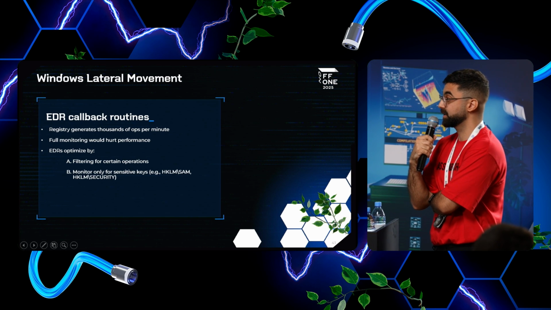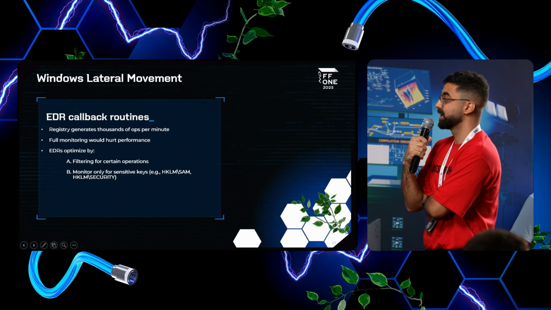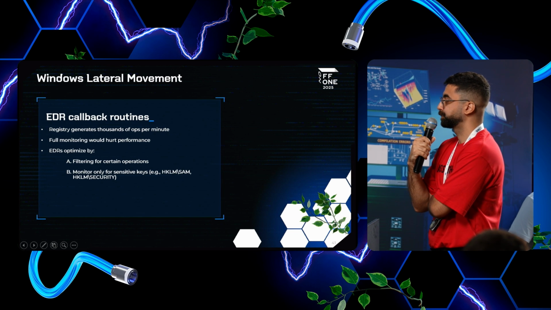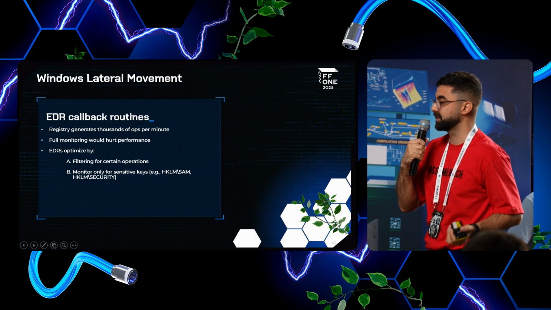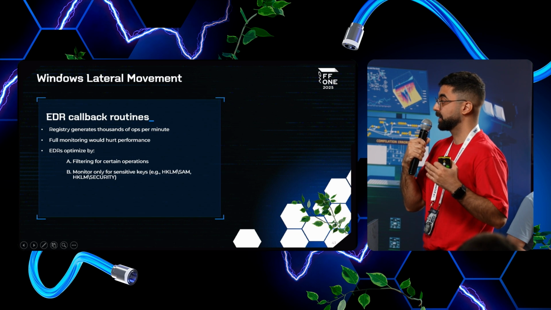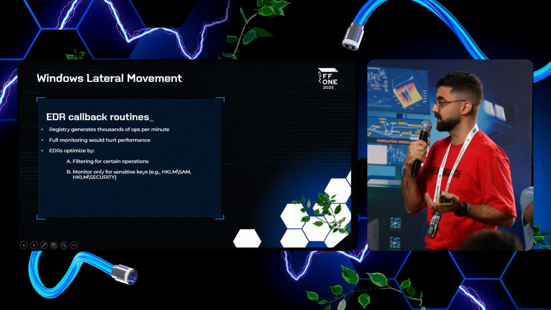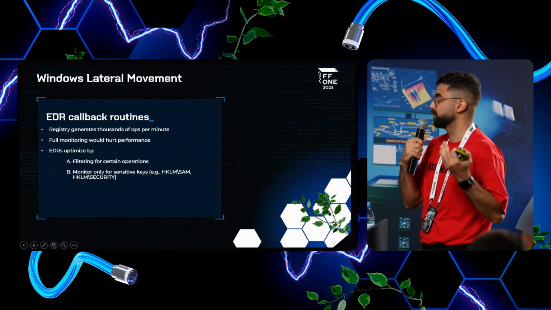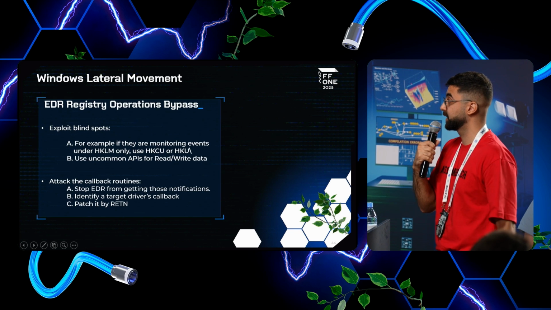The first layer filters for certain operations, for example reading and writing values, but they don't care if you enumerate subkeys. The second level filters for sensitive access, if you access sensitive values or sensitive keys. If you read the product name, it's not a problem, but if you read the user hashes, it's a problem. So they use this kind of filtering.